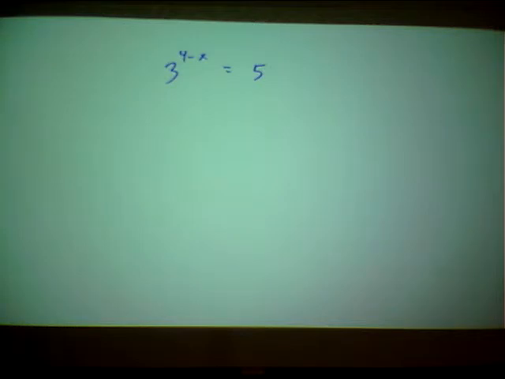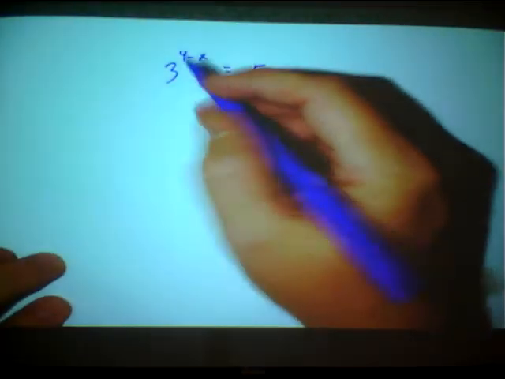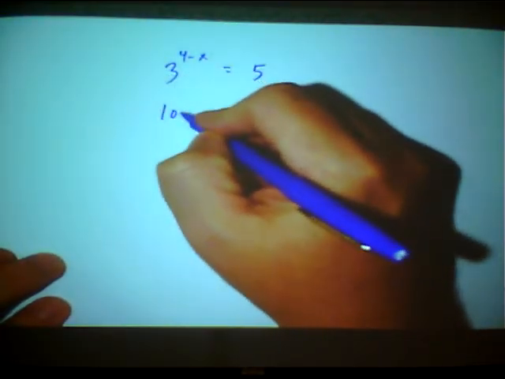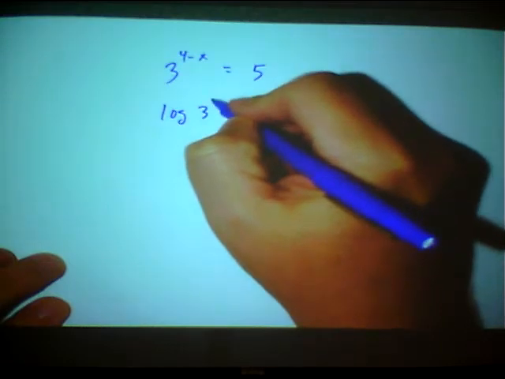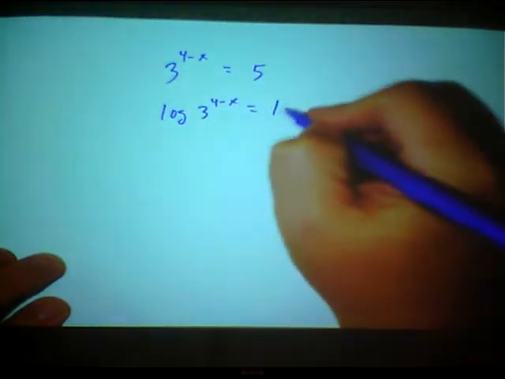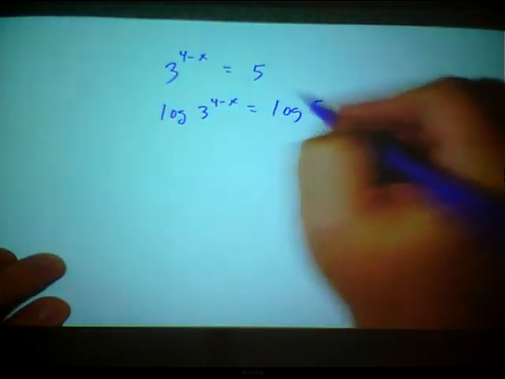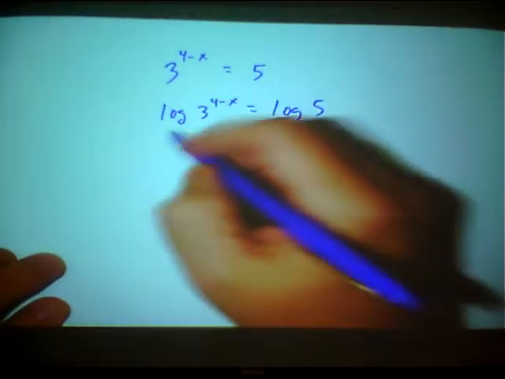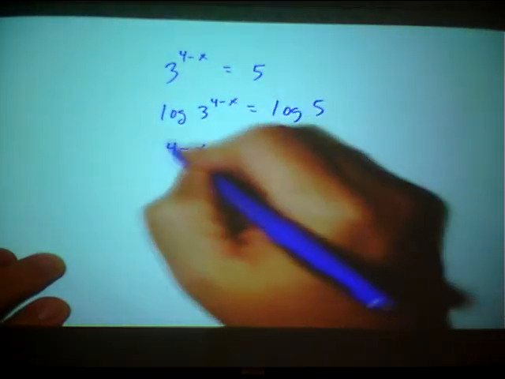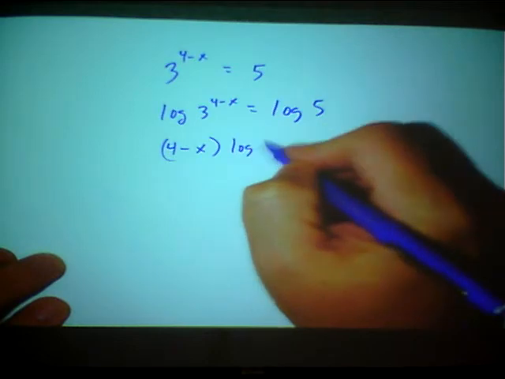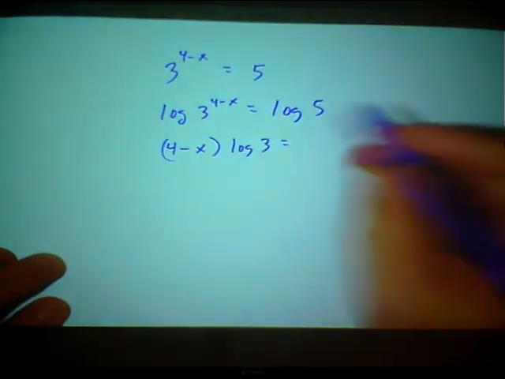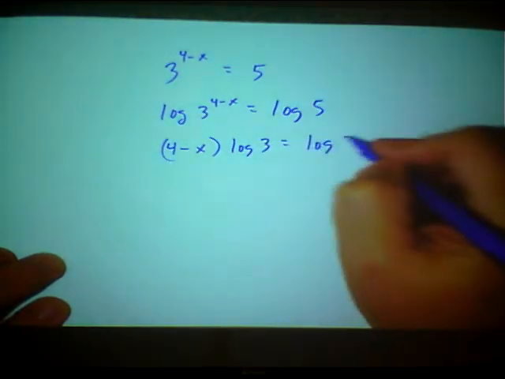If I were to do it two different ways, how about I just take log base 10 on both sides. The 4 minus x, I can move down front, so now I have 4 minus x times log base 10 of 3 equals log base 10 of 5.